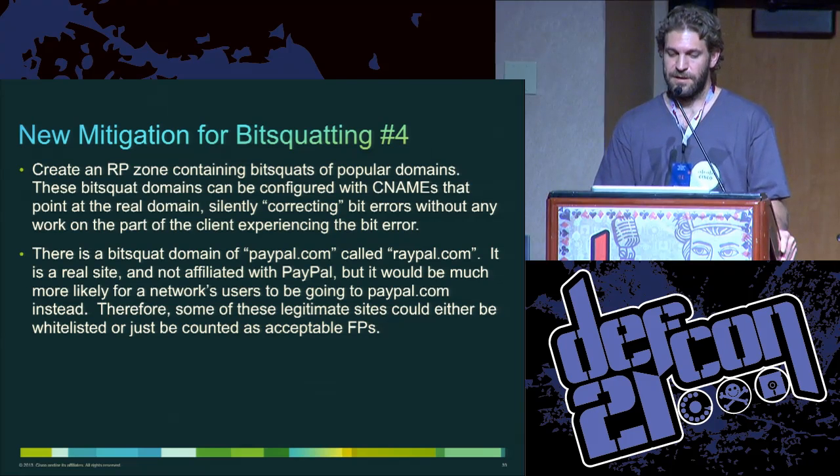You do have to be careful of false positives though, like raypal.com is a real site. So you definitely have to monitor for false positives when using this technique, but configuring this at your DNS resolver basically takes DNS out of the attackers' ability to register the domains in the first place, or de-incentivizes that.